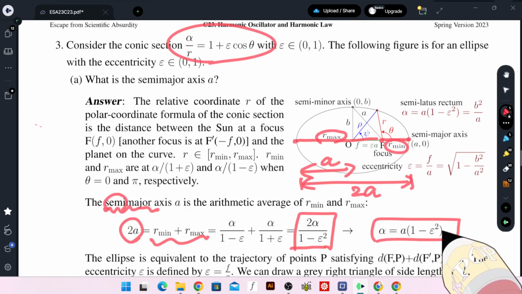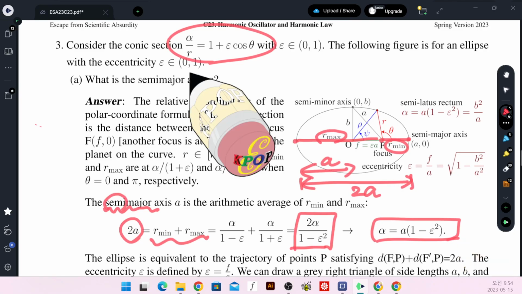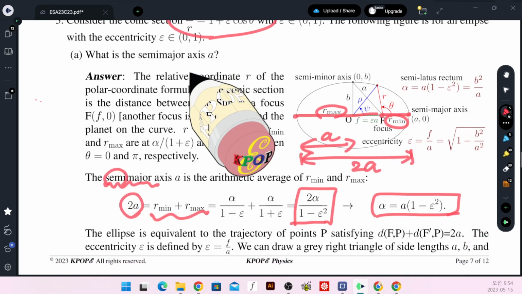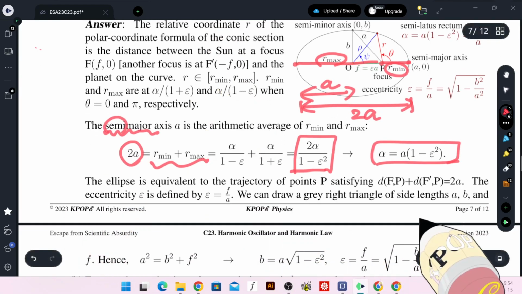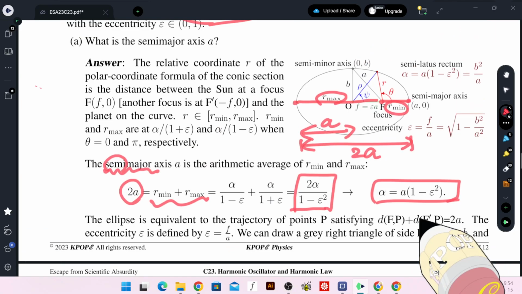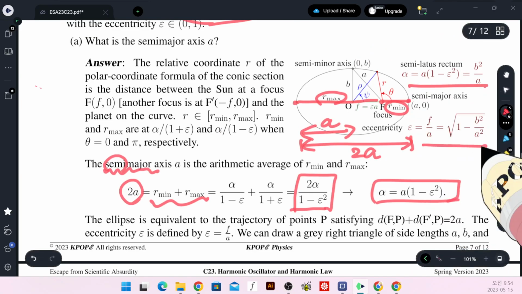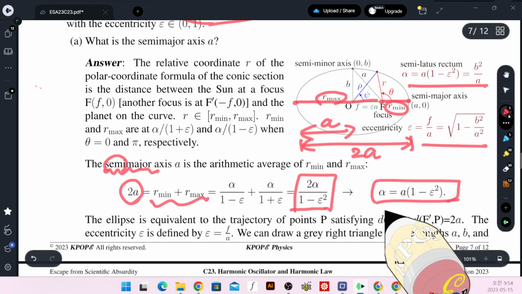And circle represents the case epsilon equals 0. Eccentricity becomes 0 when it is a circle. In addition, we have a geometry to find a relationship among them.